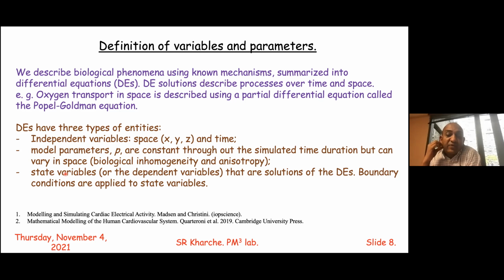Now, in terms of books, I found that David Christini has written an exceedingly elegant book, which is available through our Western library, that describes how to model cardiac electrical waves. So Marsden, Krogh Marsden and David Christini have described electrical activity in the heart and how to simulate it elegantly in an available book.